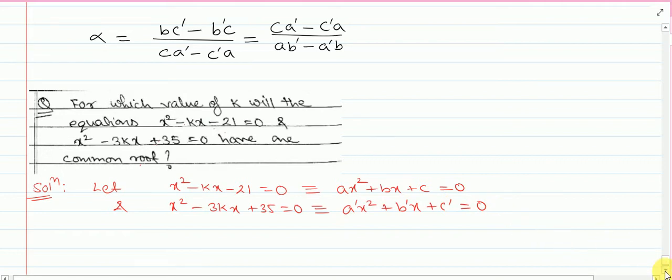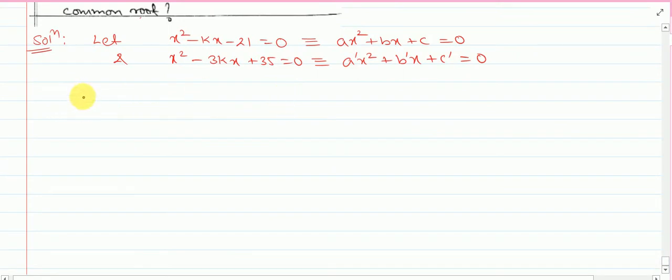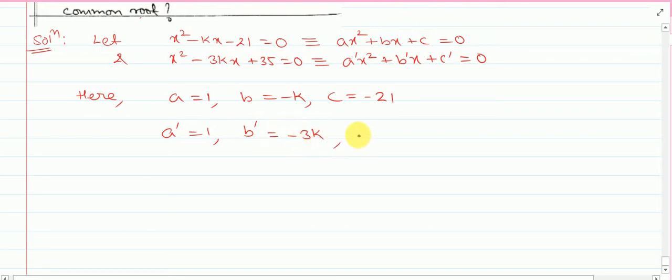So here your a is equal to 1, b is equal to minus k, and c is equal to minus 21. a' is equal to 1, b' is equal to minus 3k, and c' is equal to 35.